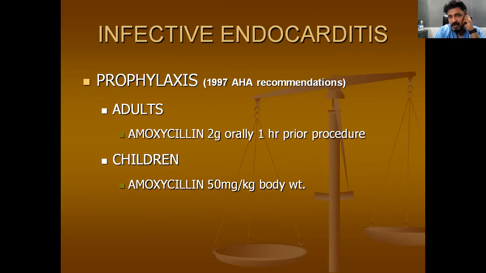So in infective endocarditis, the prophylaxis recommended is amoxicillin 2 gram orally 1 hour prior to the procedure for adults, and 50 milligram per kg body weight for children.